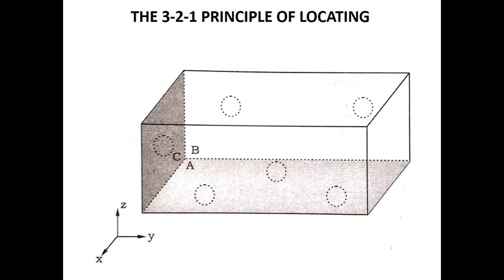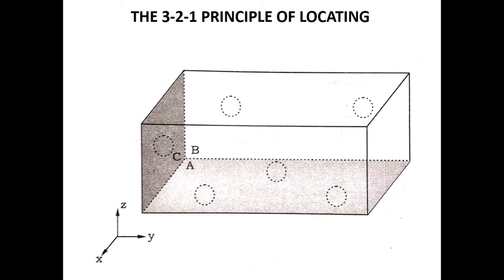Now I'm going to place a tertiary plane perpendicular to the first 2 locating surfaces, A and B, which is marked as C in this figure, and is provided with a single pin to support the block. The 6th locating pin arrests one more linear movement along the negative y direction.